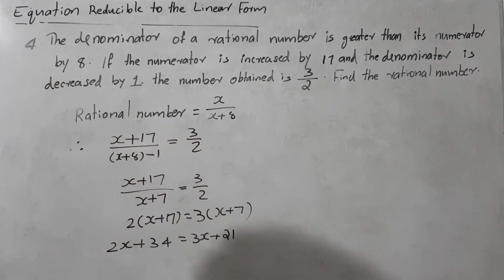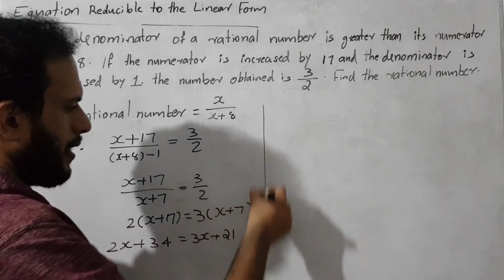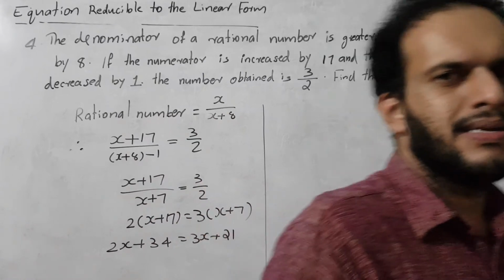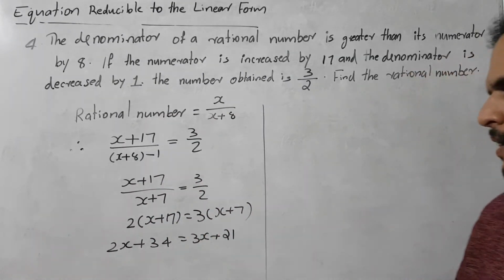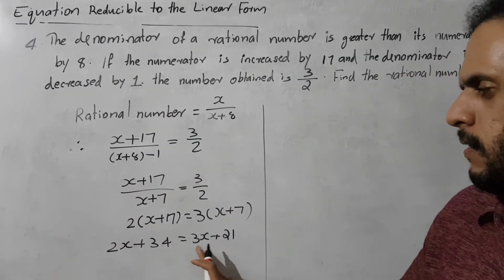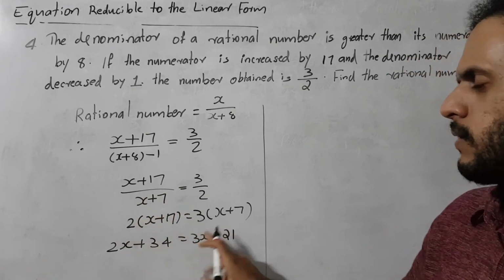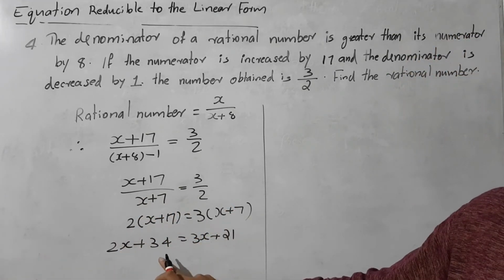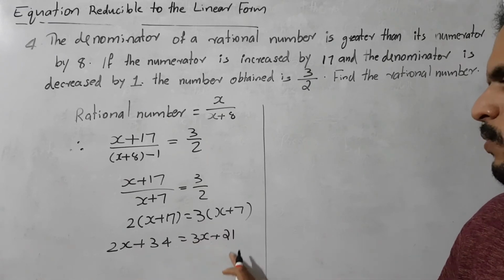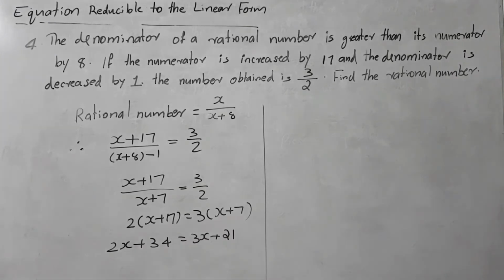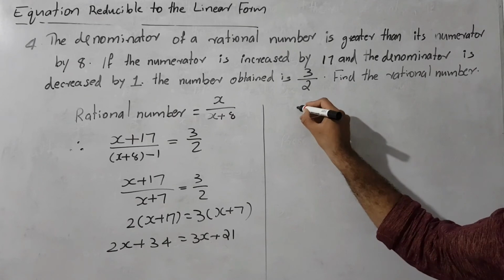Then what is next? We take the variables on one side and numbers on the other side. 3x is bigger, so we transpose 2x to the side of 3x. And 34 is bigger, so we transpose 21 to the side of 34. Then what changes?